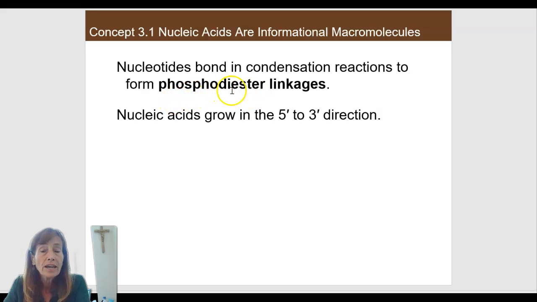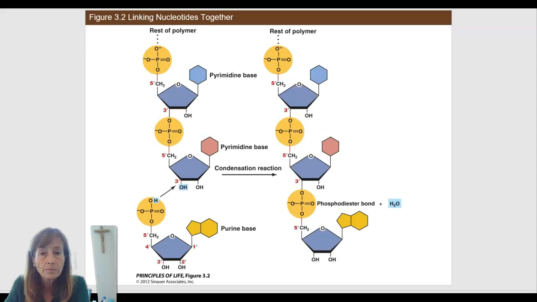Now it's telling us here that nucleic acids grow in the 5' to 3' direction, and we'll see what that really translates to coming up. So if I have a nucleotide, which means I have this pentose sugar, a base, there's the pyrimidine base because it has a single ring, and there's the phosphate on it.